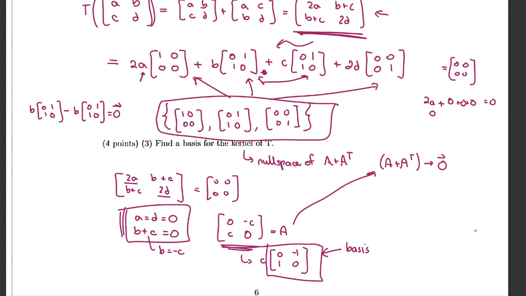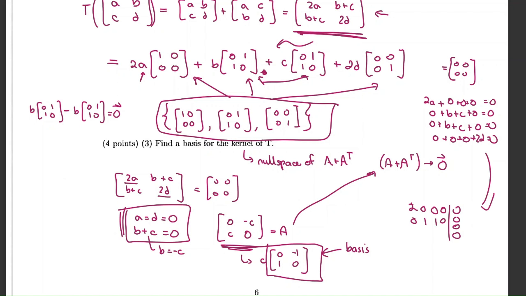Same thing on the top right corner, 0 plus b plus c plus 0 equals 0, and then 0 plus b plus c plus 0 equals 0, 0 plus 0 plus 0 plus 2d equals 0. And you can actually write this in the augmented matrix form, which is 2, 0, 0, 0, 0, 0, 1, 1, 0, 0, 1, 1, 0, 1, 0, 0, 0, 2. Because in this case, we're just describing this matrix as some matrix here times A, B, C, D equals 0.